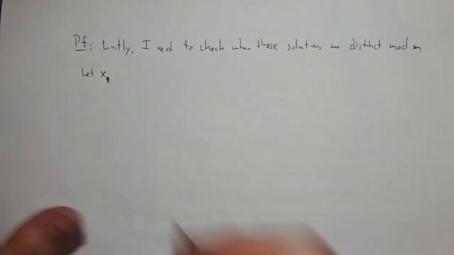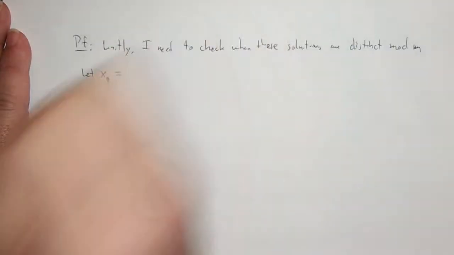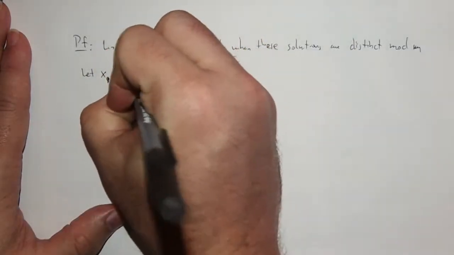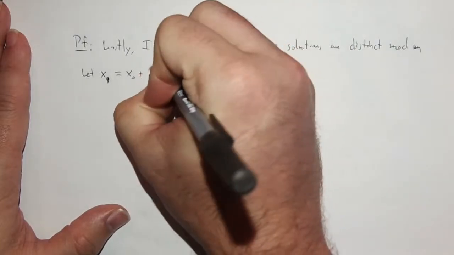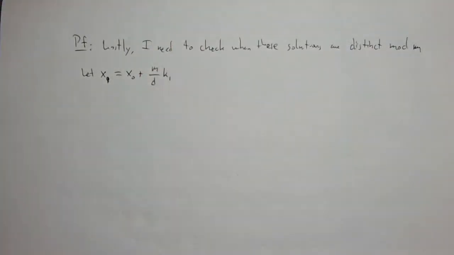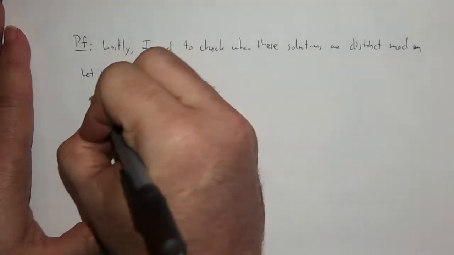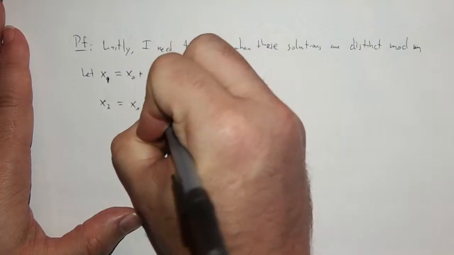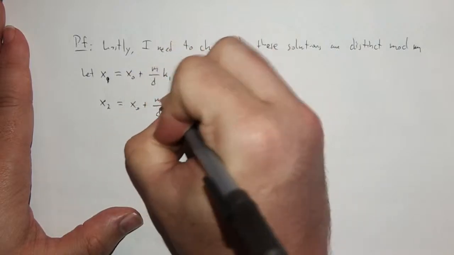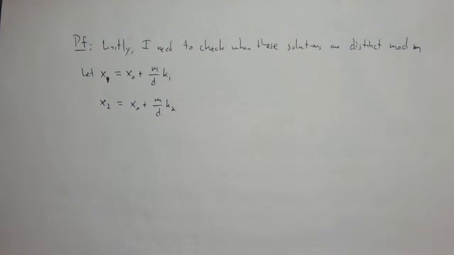So let x sub 1 be equal to my particular solution, x naught plus m over d times k sub 1. And then, of course, another option is x sub 2 is x naught plus m over d times k sub 2.